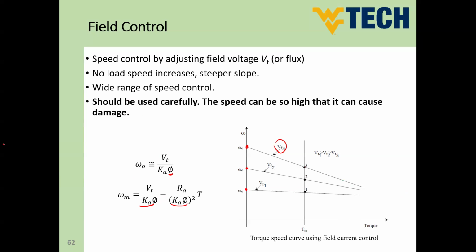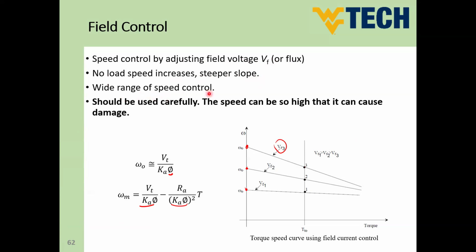Firstly, speed control by adjusting the field voltage or flux: no load speed increases with a steeper slope. As you can see, the slope is steeper compared to the voltage control technique.